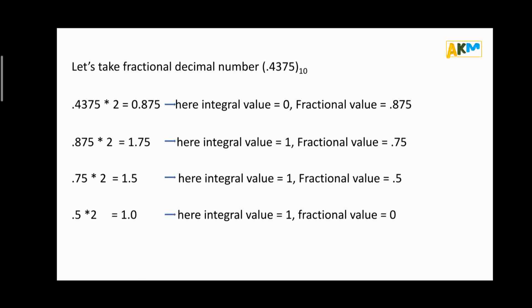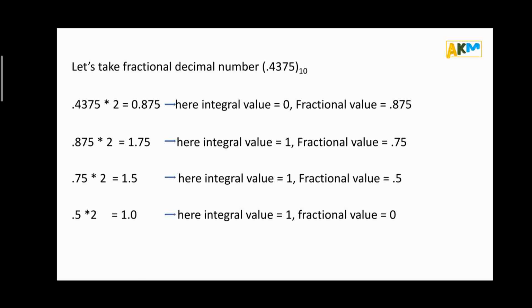Now how do we write the binary number? We will arrange these integral values, 0, 1, 1, 1, in order from first to last. Then we put a point before the numbers. That will be the binary number for 0.4375.